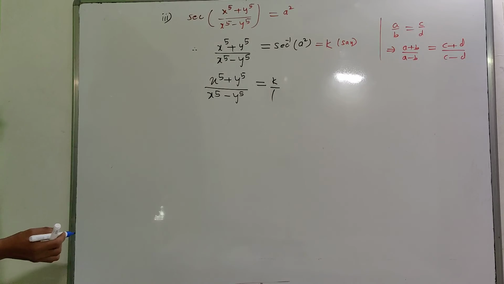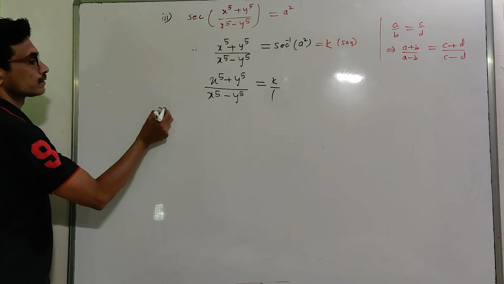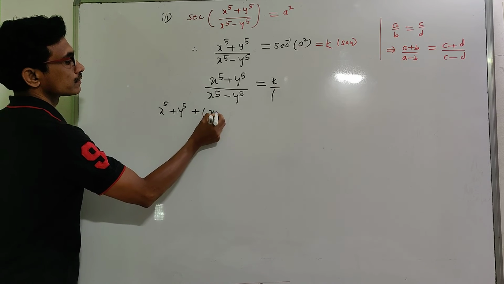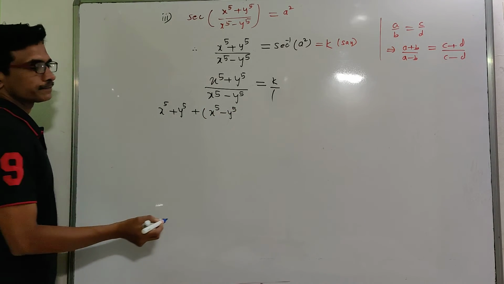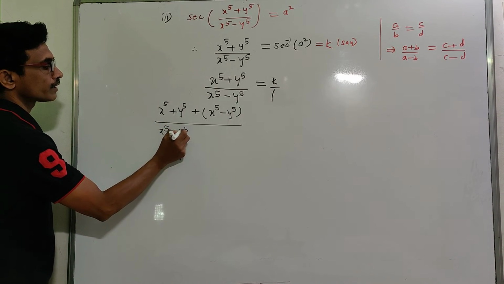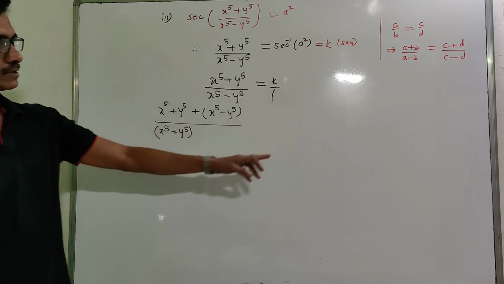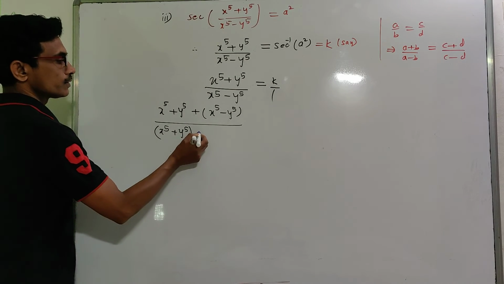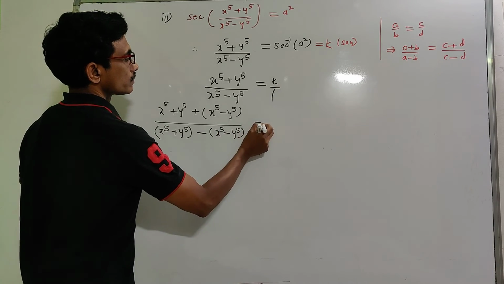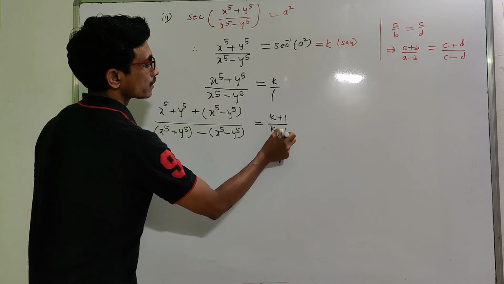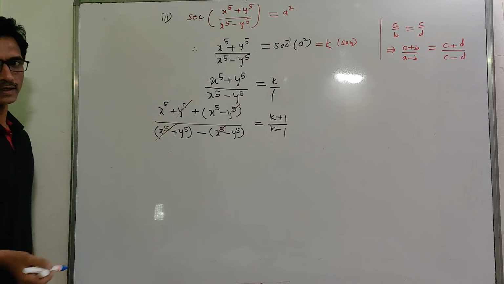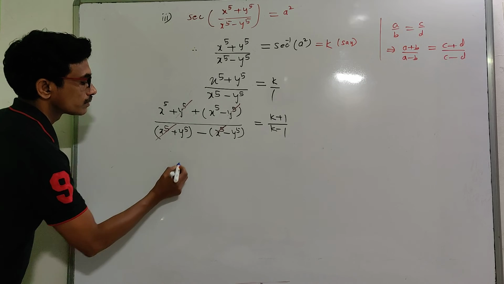So we apply componendo dividendo over here, and you will be getting numerator x^5 + y^5 plus denominator x^5 - y^5, that is a + b, over a - b, which will be x^5 + y^5 minus (x^5 - y^5), which equals (k + 1)/(k - 1). The y^5 gets cancelled. Here x^5 is getting cancelled, and this will be 2x^5.